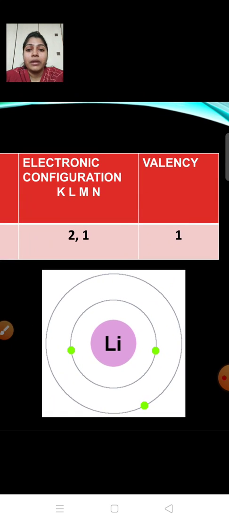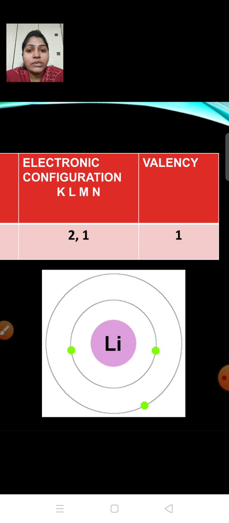Now to achieve stability, lithium should have 8 electrons in its outermost orbit. Now it has only 1 electron, right? It cannot accept 7 electrons. So what will lithium do? Instead of accepting 7 electrons, lithium will lose that 1 electron.